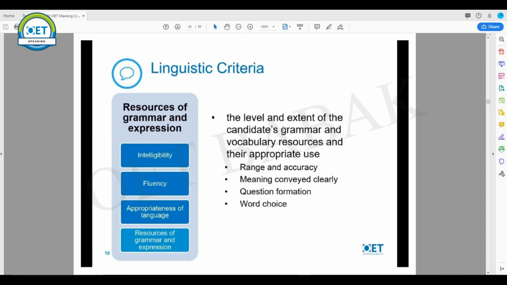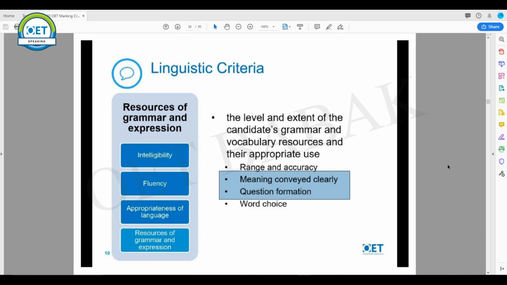And the resources of grammar and expression, which is the range and accuracy of vocabulary you use, meaning conveyed clearly, question formation, and word choice. The most important part of this is meaning.